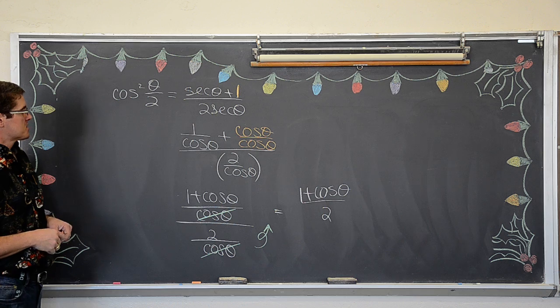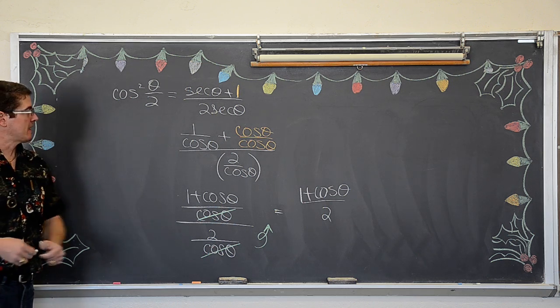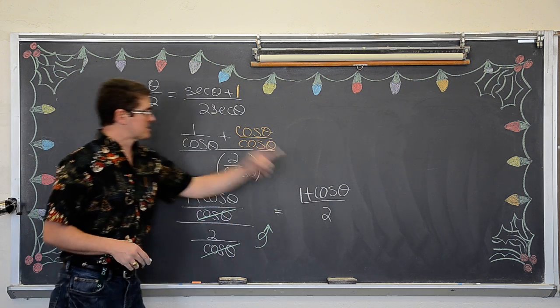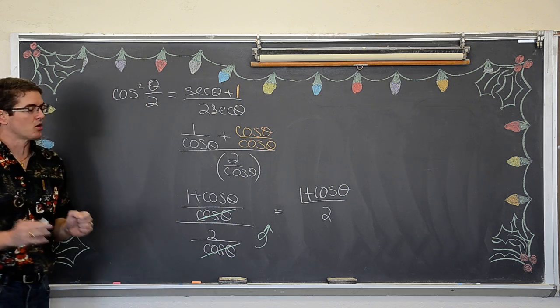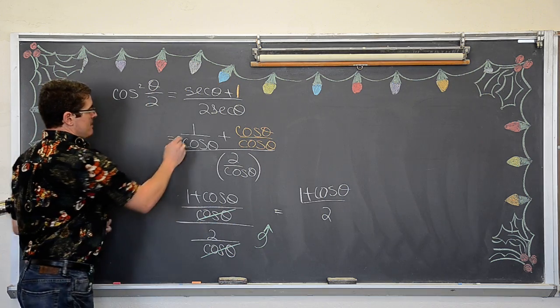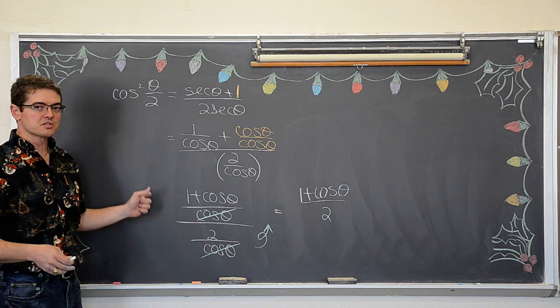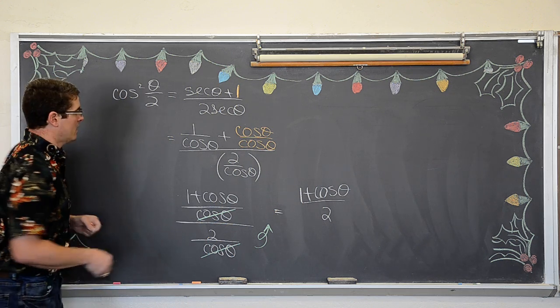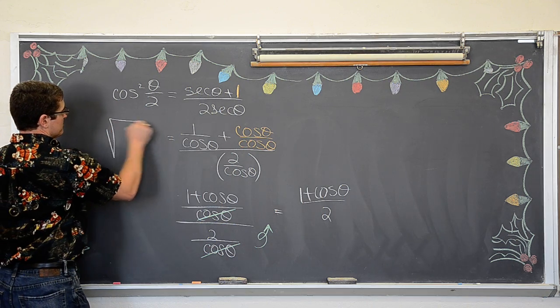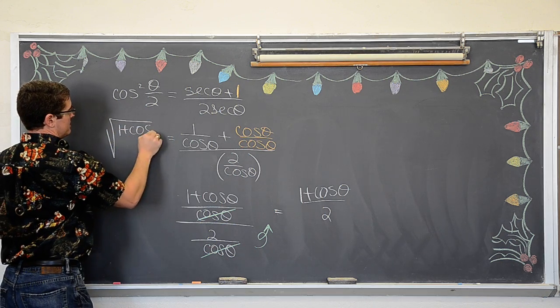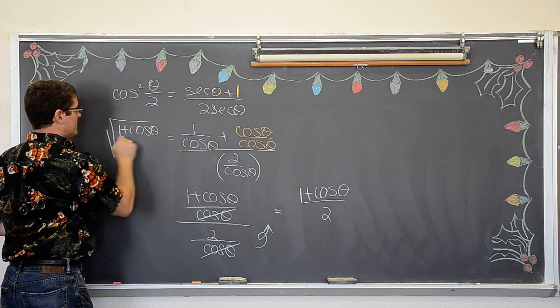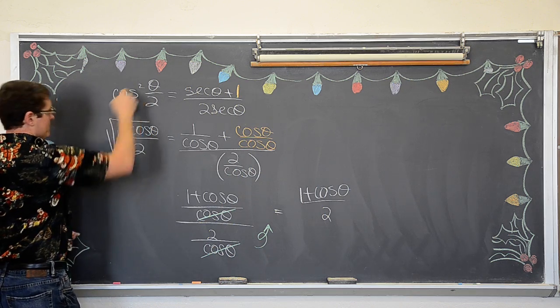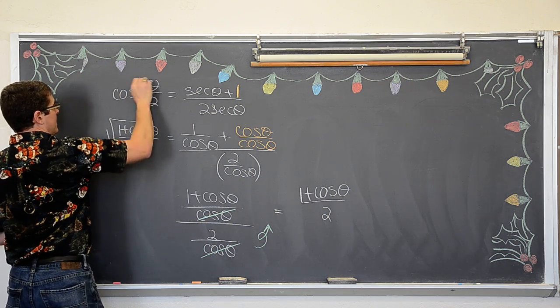Okay. So you could stop there, or you can keep manipulating it. If you're not sure how to make this equal that, and you're just totally stuck, then maybe just start playing with the other side. What is the cosine of theta over 2? Well, it is the square root of 1 plus cosine theta over 2, and then there's a power of 2 out here, right? You see it?